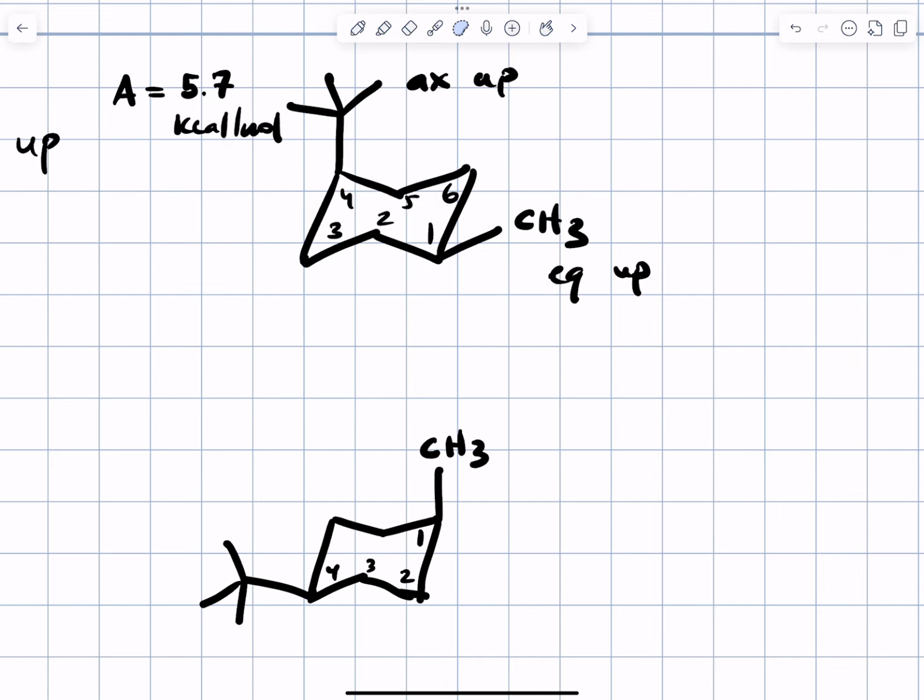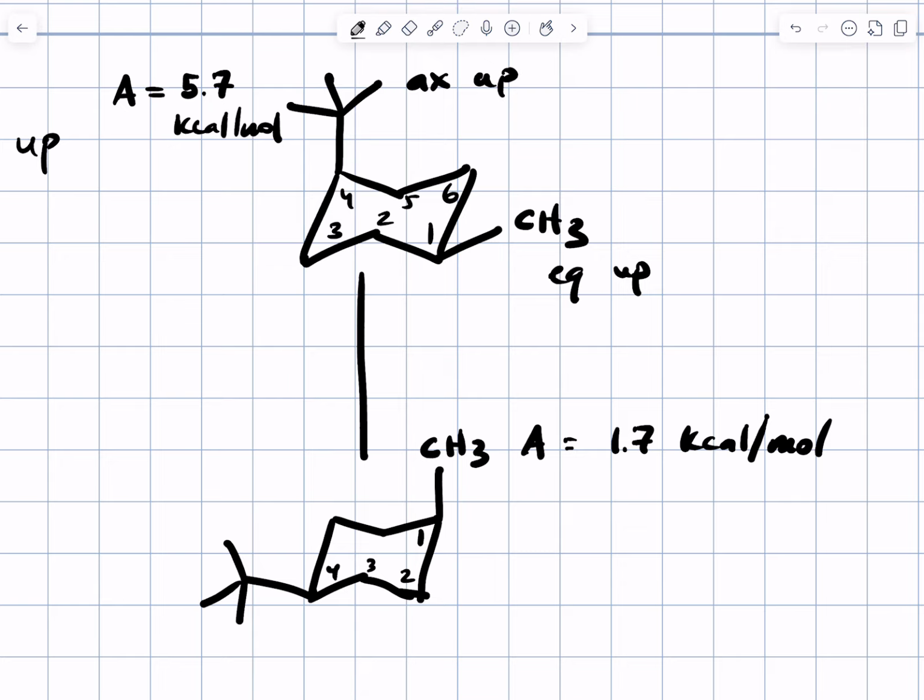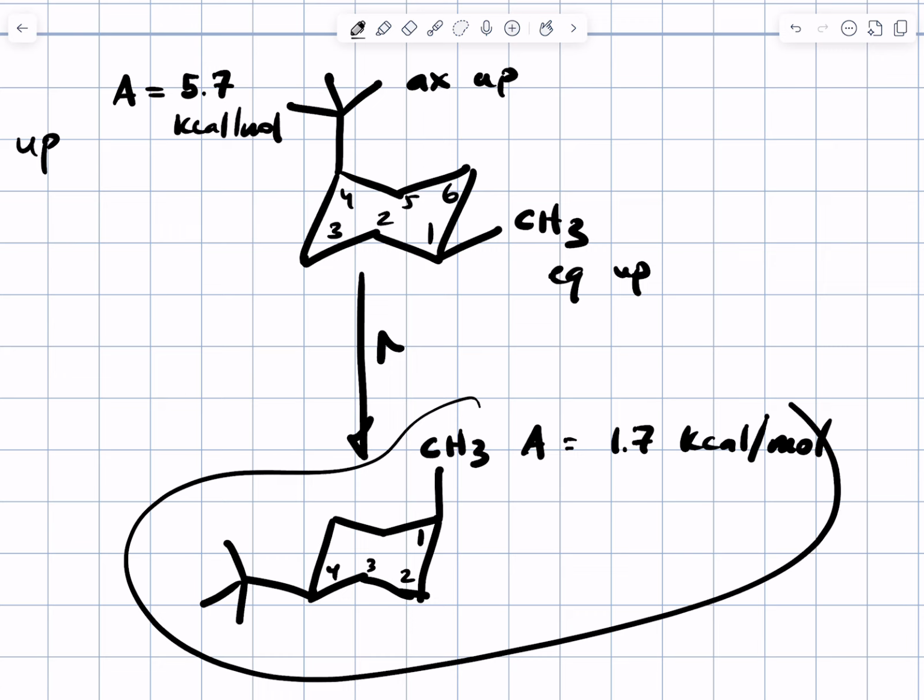The penalty for having a methyl group axial is only 1.7 kilocalories per mole. So it's better to have methyl be axial than to have T-butyl be axial. And so we can make the decision that this is the better chair. And you can deal with A values mostly additively.